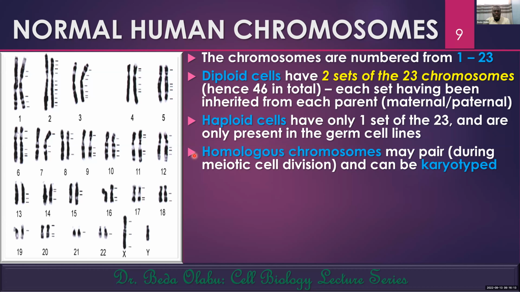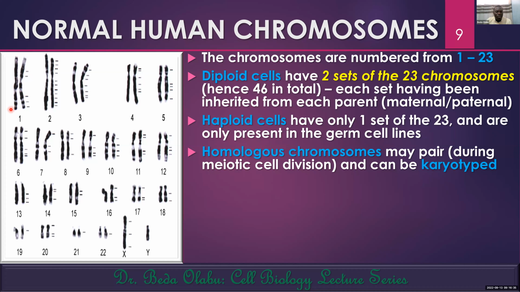The term homologous chromosome is therefore worth noting. Homologous chromosomes are chromosomes which carry similar genetic material, except that they're of different parental origin. So for example, here, these 2 chromosomes are homologous chromosomes.